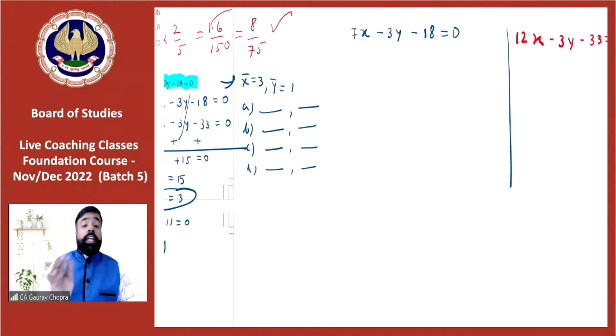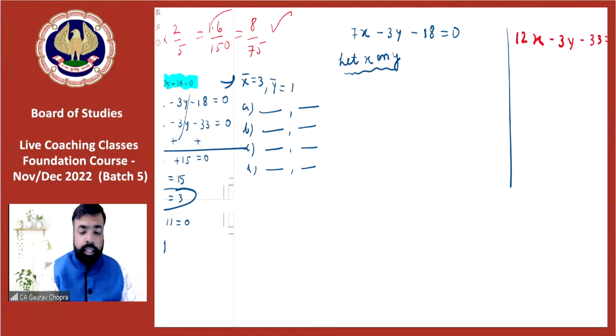Now see, we don't know which one is x on y and which is y on x. So let us assume, let the first equation be x on y. If it is x on y, then we have to arrange this in x on y format. So what is the format for x on y? It is x is equal to a plus by.